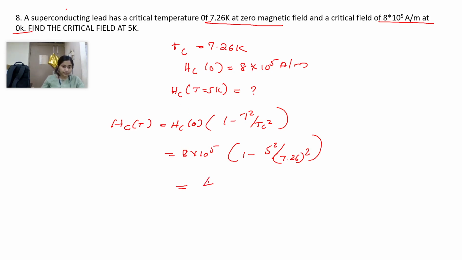Here you will get the answer 4.2 times 10 to the power 5 ampere per meter.